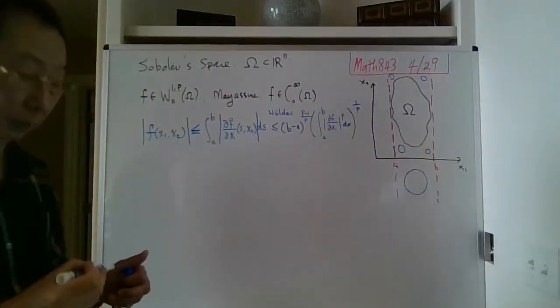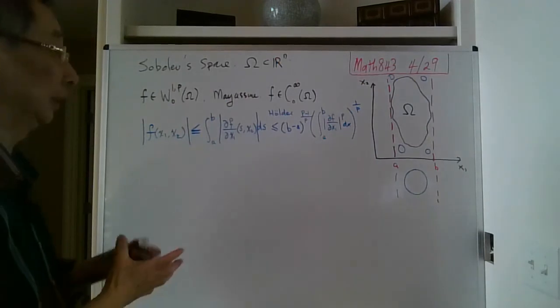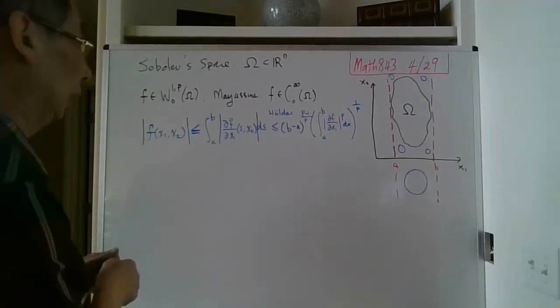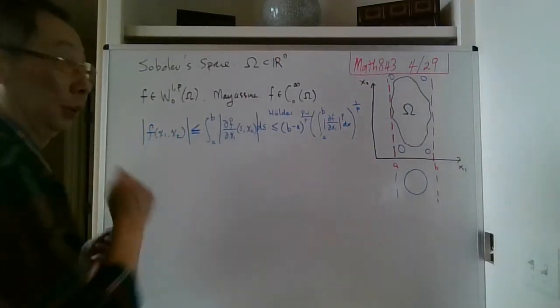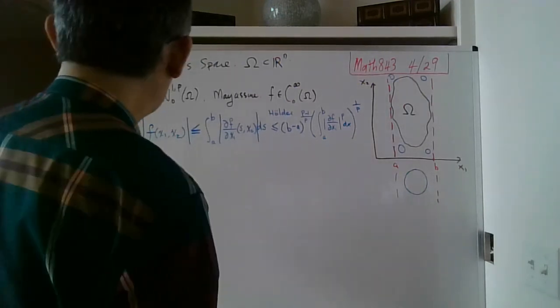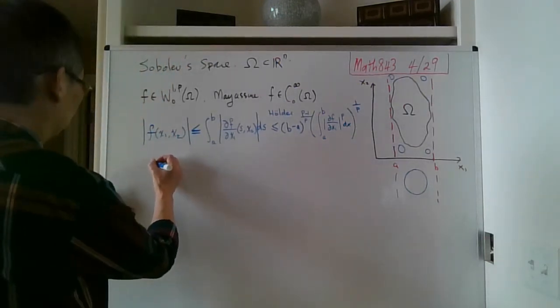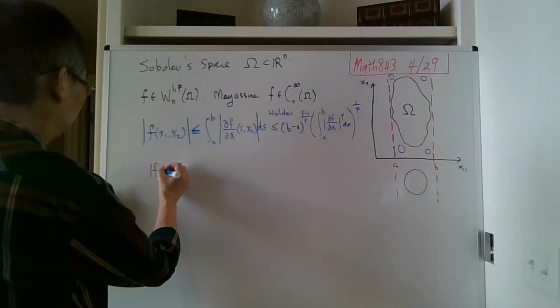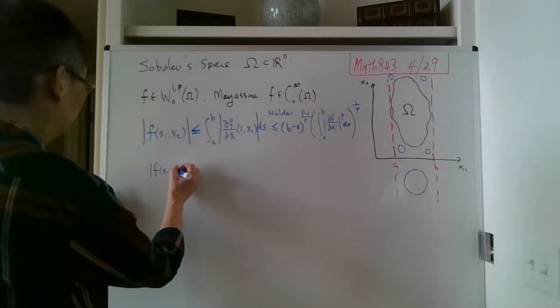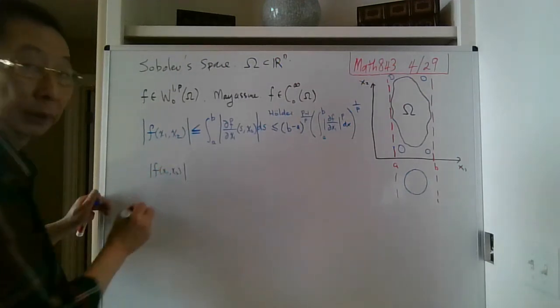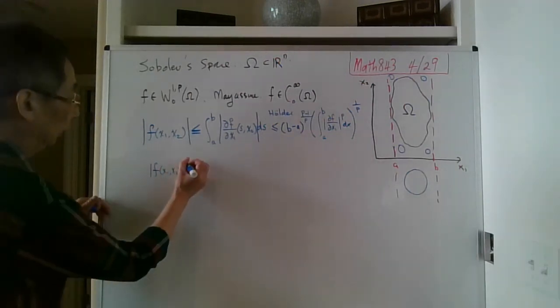So I'm going to get this. Basically this follows from the same argument as the 1D formula, because here I'm fixing x2. And now you take the power, you put the power back. So |f(x1, x2)| to the p-th power.